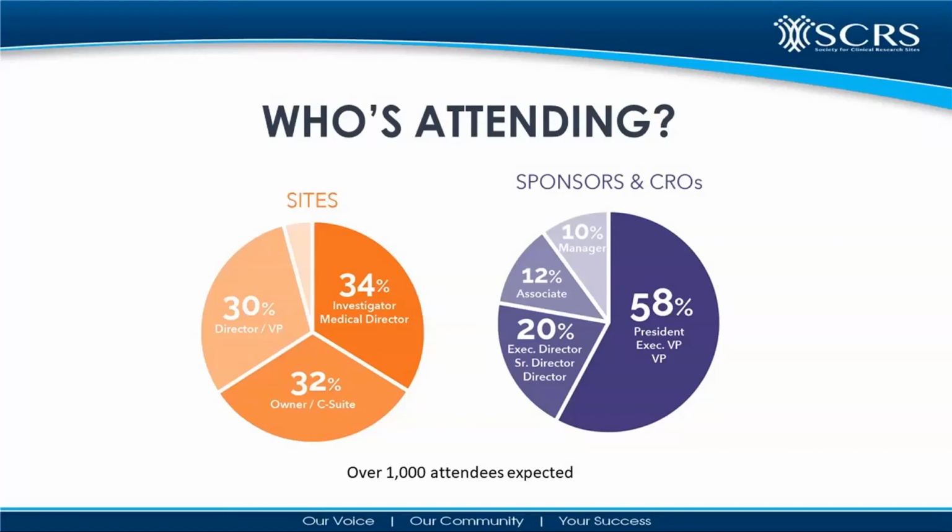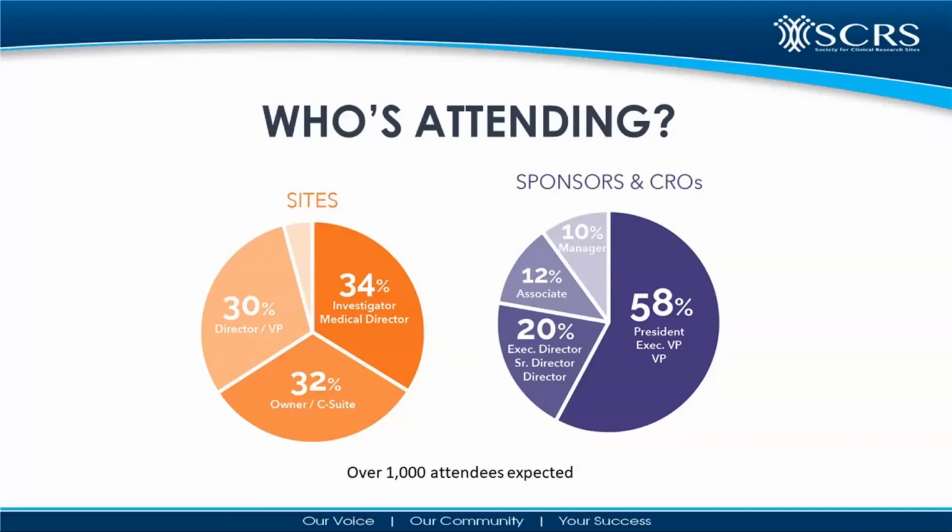On the flip side, we have roughly 28% sponsors and CROs attending this year, and the rest I would label as potentially other. They could be IRBs or solution providers that aren't exhibiting. But that's fairly standard for our audience. The numbers have shifted a little bit. We have more sponsors than we have had in the past, but we also have had more attendees than we have had in the past. And as a result, those percentages are relatively the same from last year or previous years.